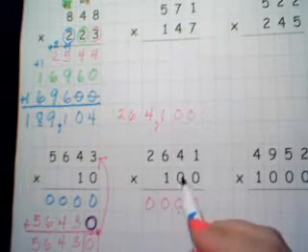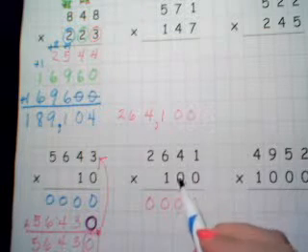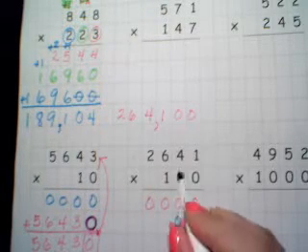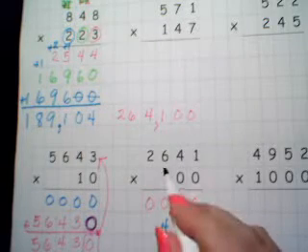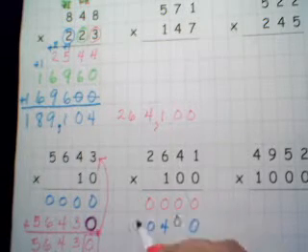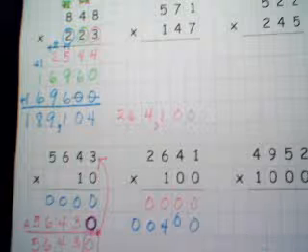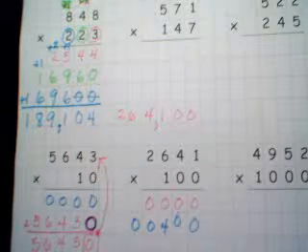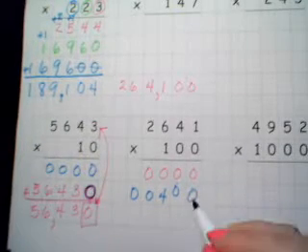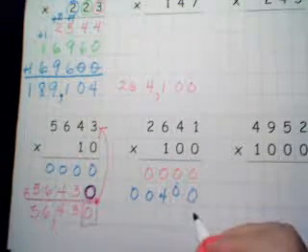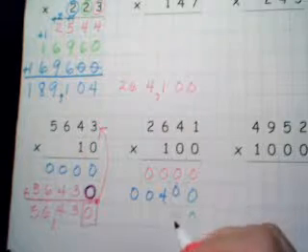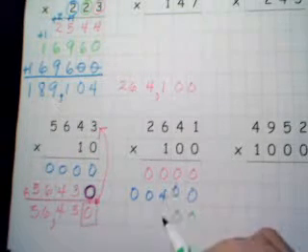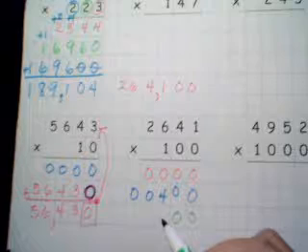We're working in the tens column. 0 times 1 is 0, 0 times 4 is 0, 0 times 6 is 0, 0 times 2 is 0, okay? Now, we're working on the hundreds column. So what are we going to do? We are going to put a 0 in this space and this space because we're working with hundreds. We want to start our answer in the hundreds column.